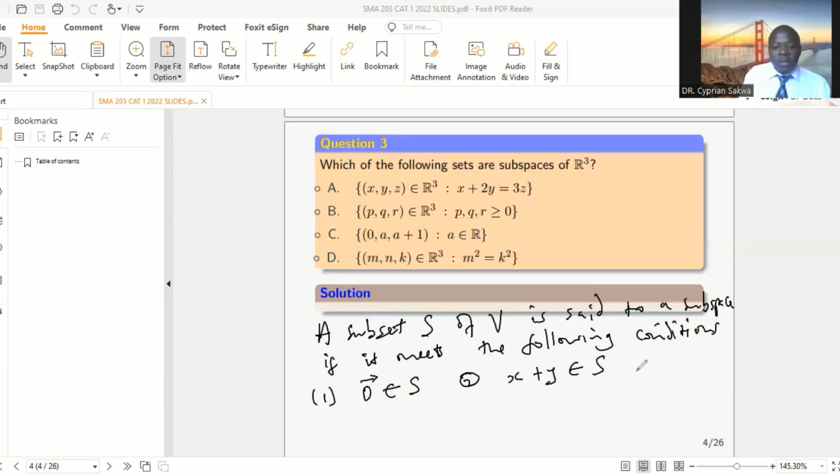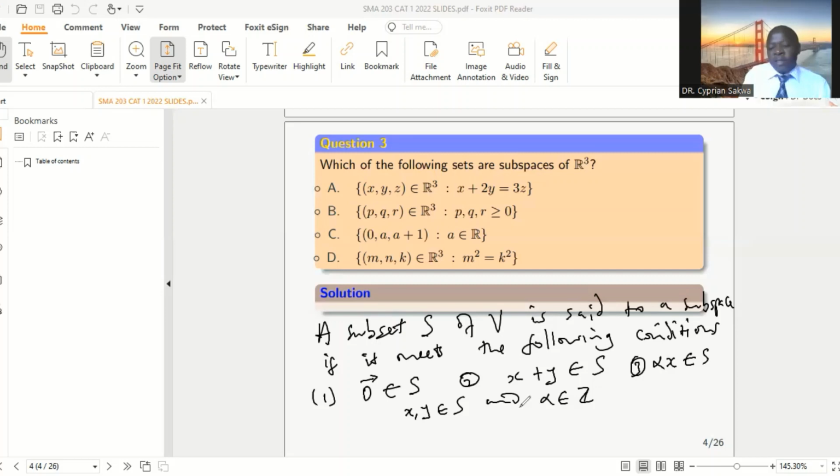Then the last condition is closure under scalar multiplication. That means if I pick a scalar alpha and multiply by x, where x is a member of S and alpha is a scalar, this product should be in S. Remember here that x and y are in S, and alpha is any scalar.